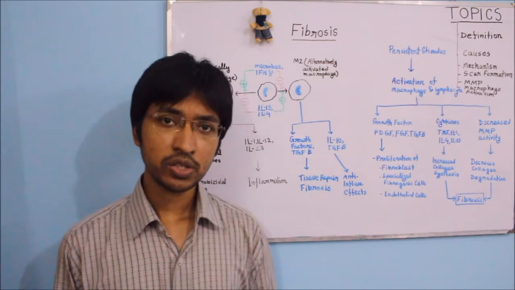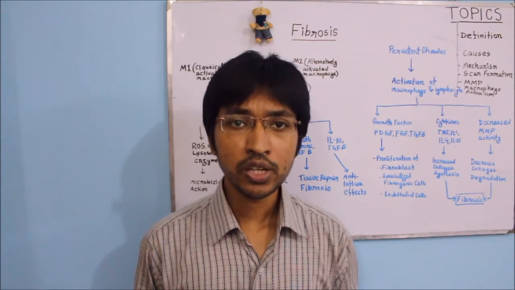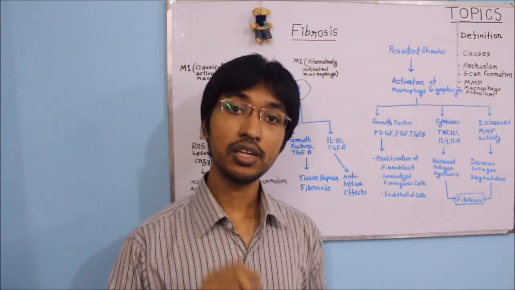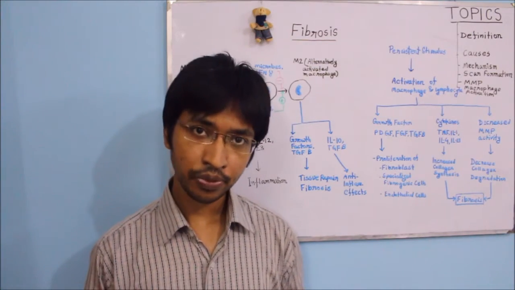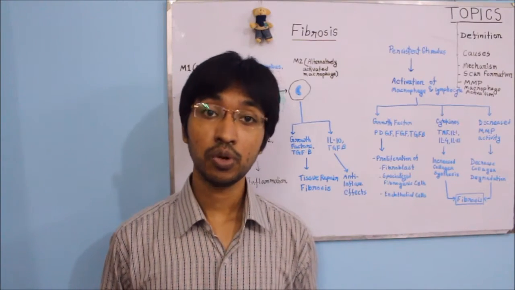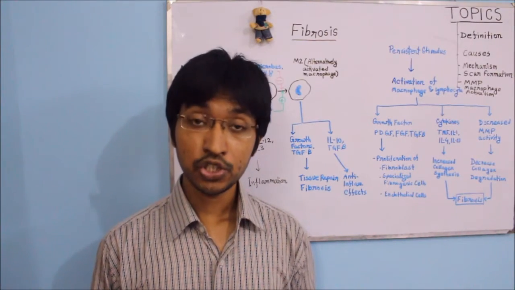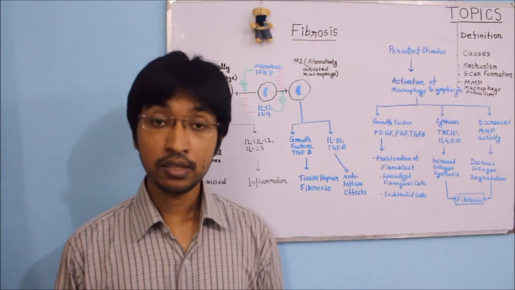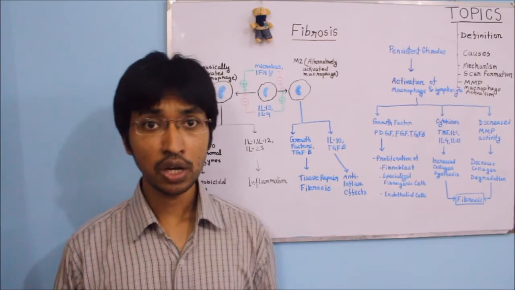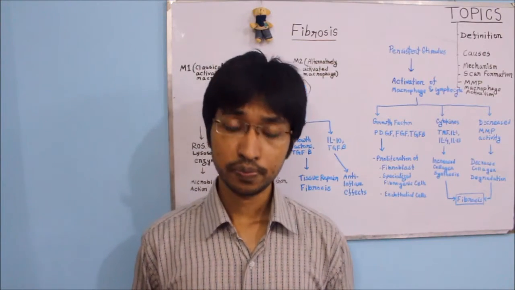Now, in order to understand scar, first we have to know a thing or two about wound healing. Always remember, wound healing can happen in two mechanisms. One was regeneration, and the second mechanism was by deposition of connective tissue. And during this second mechanism, scar can be formed.